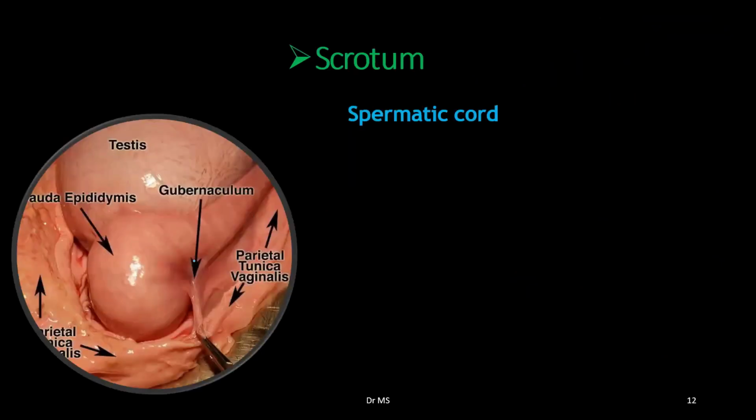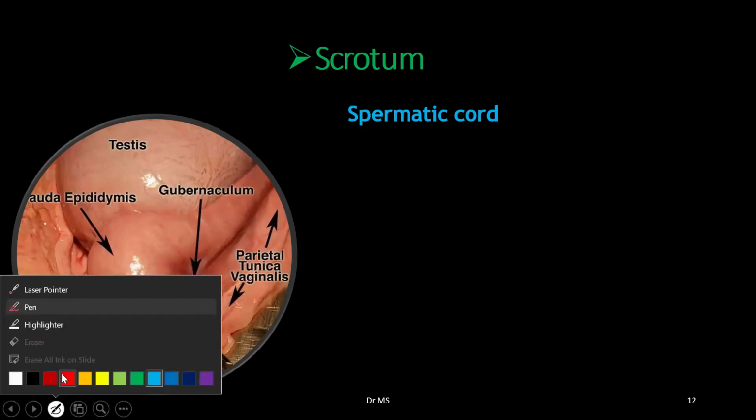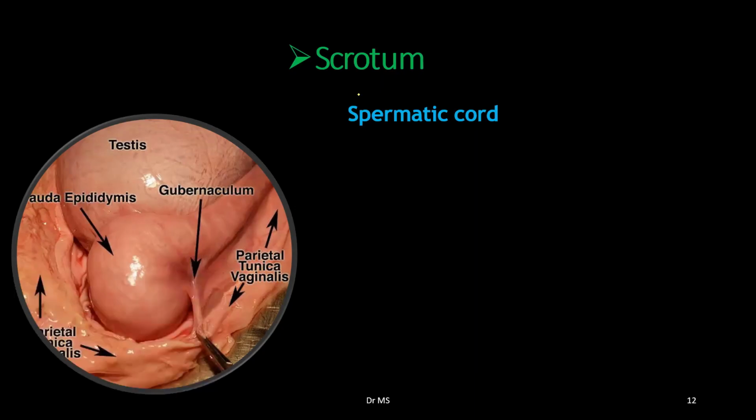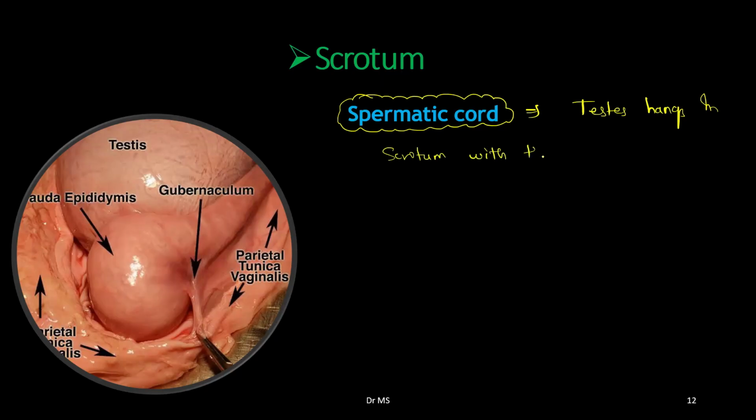Whatever these testes are, they hang in the scrotum with the help of a spermatic cord. Remember this. So what is this spermatic cord? The testes hang in the scrotum with the help of a tube-like structure, and that tube-like structure is called the spermatic cord.